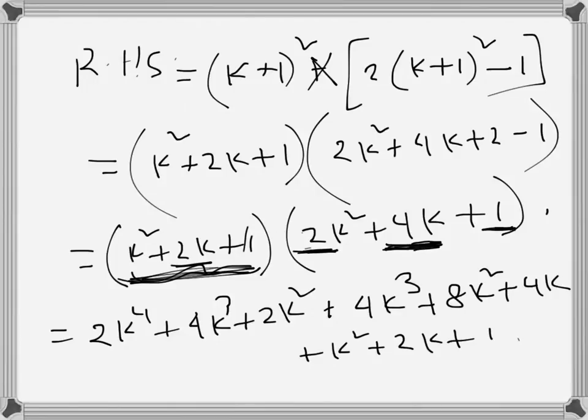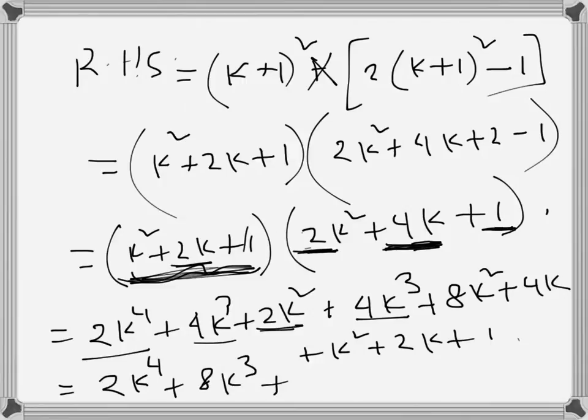Now if we add the like terms, of course, 2k to the power 4, and here 4k cube and 4k cube, so becomes 8k cube, and then 2k squared, 8k squared, and then there is a k squared. So 2, 8, 1 is 11k squared, plus we have 4k and 2k, so that's 6k plus 1.